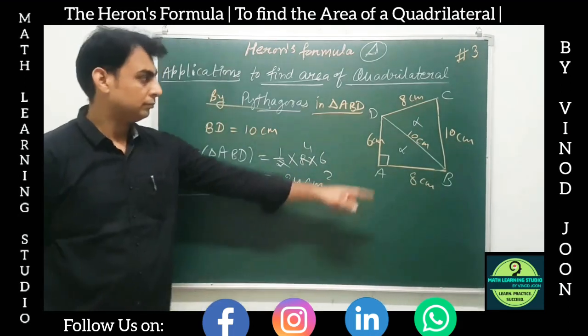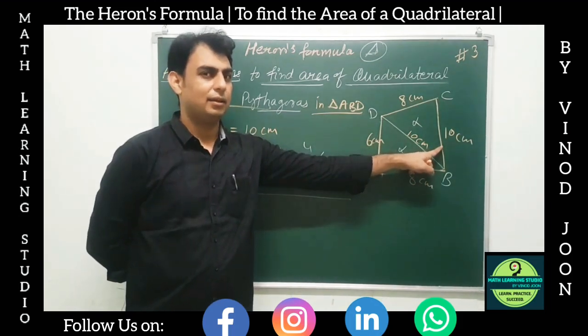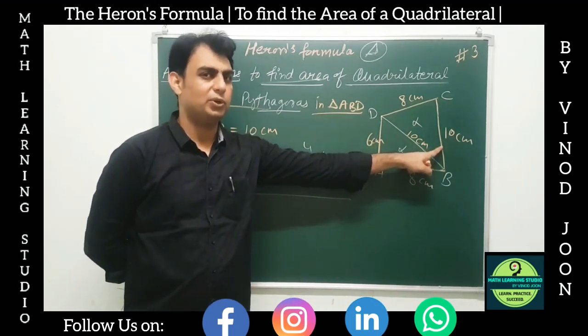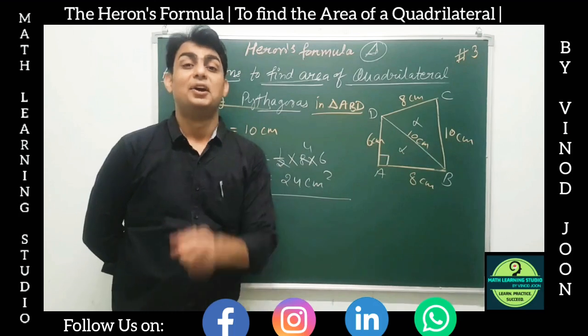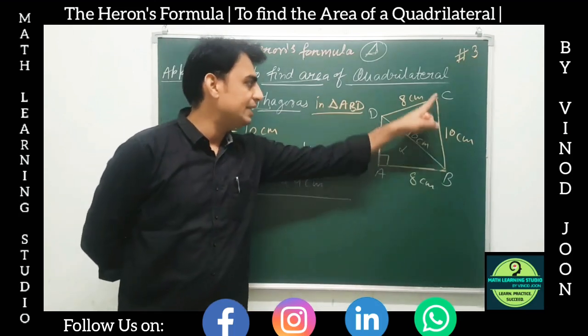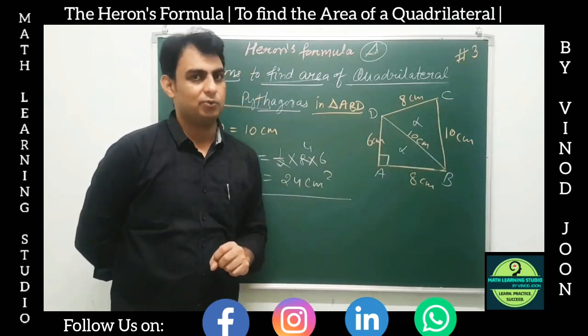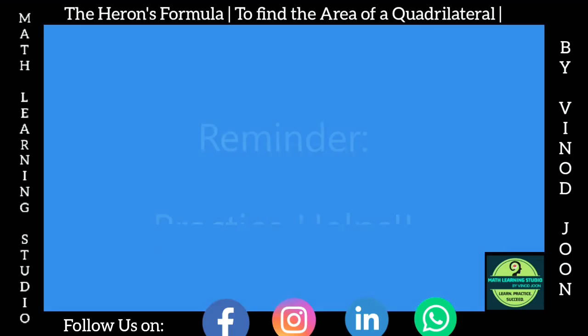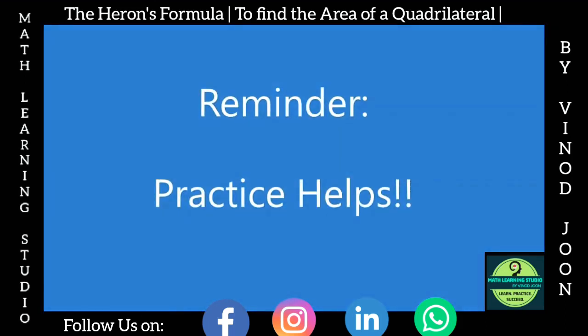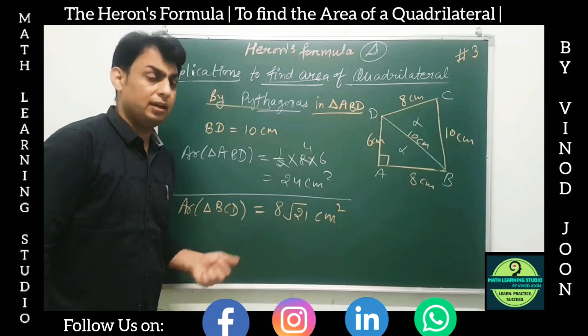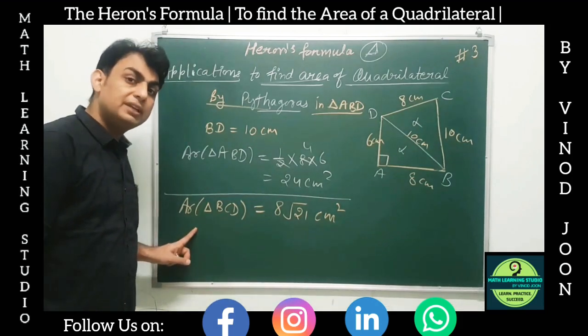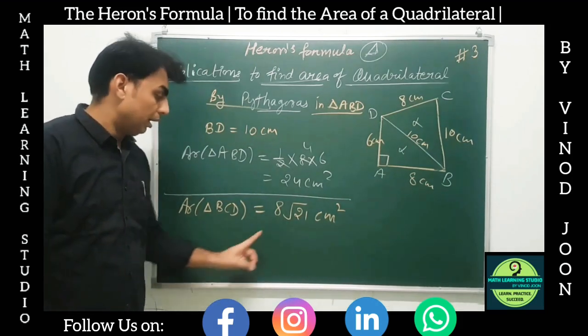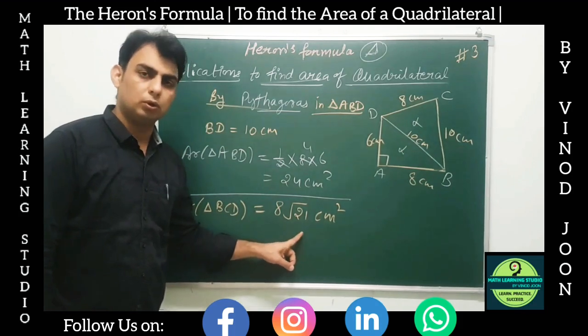One has come. Now BCD. I'm sure you got the hint of what to do. Pause the video. Find out the area of triangle BCD and of course I'll tell the answer. Got this area? Yes, the area of triangle BCD by applying Heron's formula will be 8 into root 21.